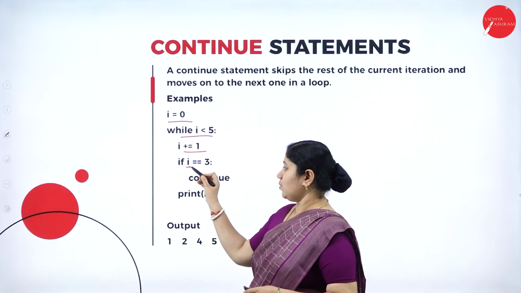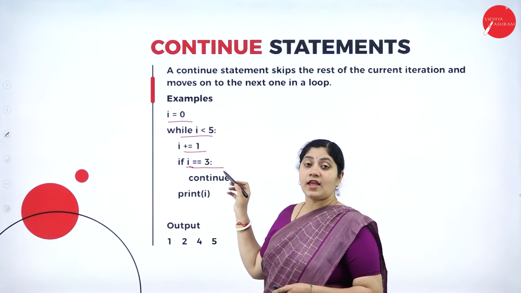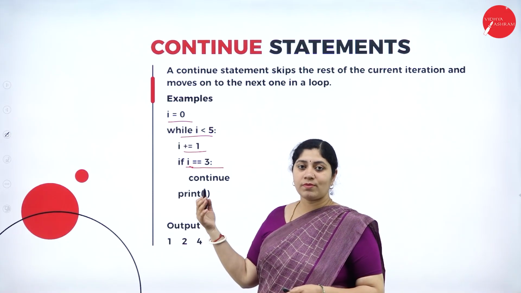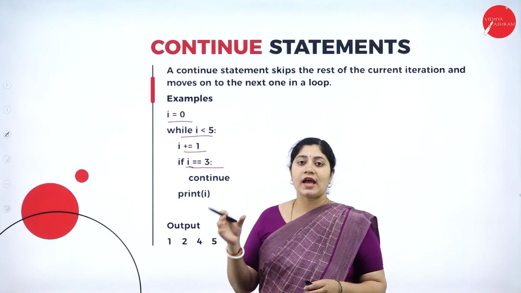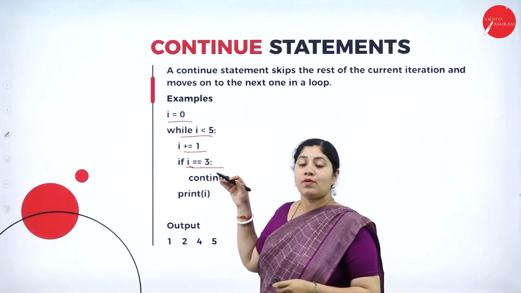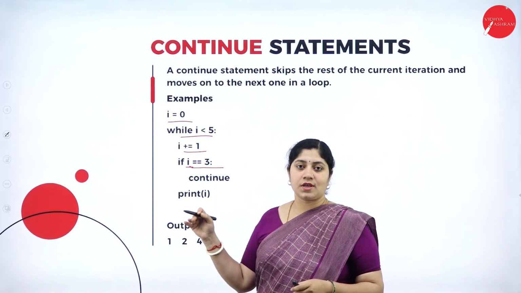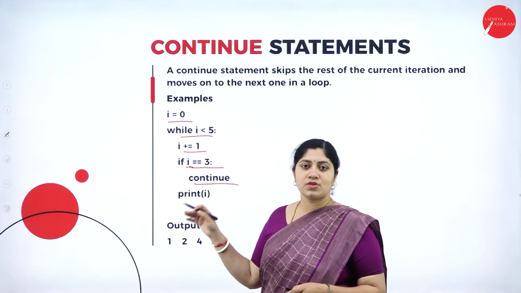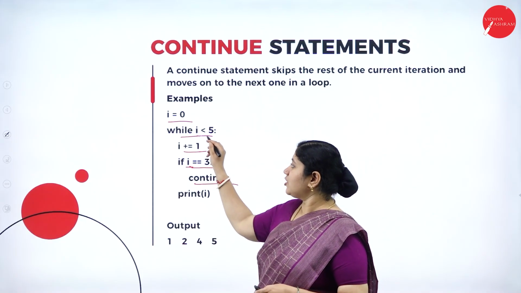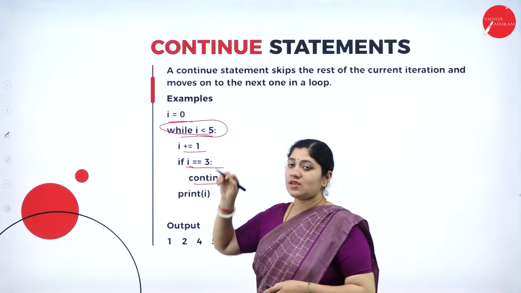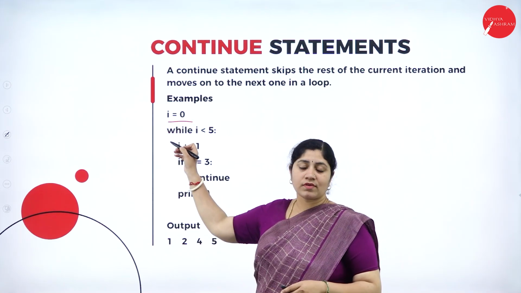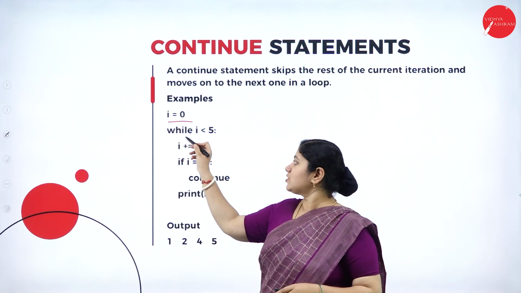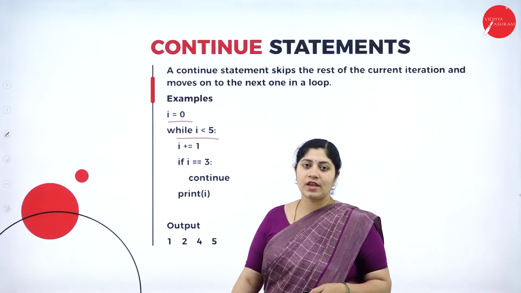If i goes equal to 3, at that time, you might remember in the previous slide, we had put a statement of break, which was completely exiting. But now by adding a continue statement, it will not stop until the looping statement is satisfied. We have considered a looping statement which is while i is less than 5.